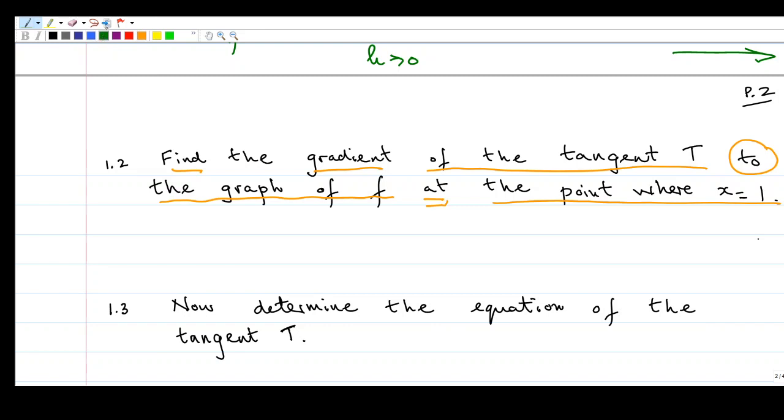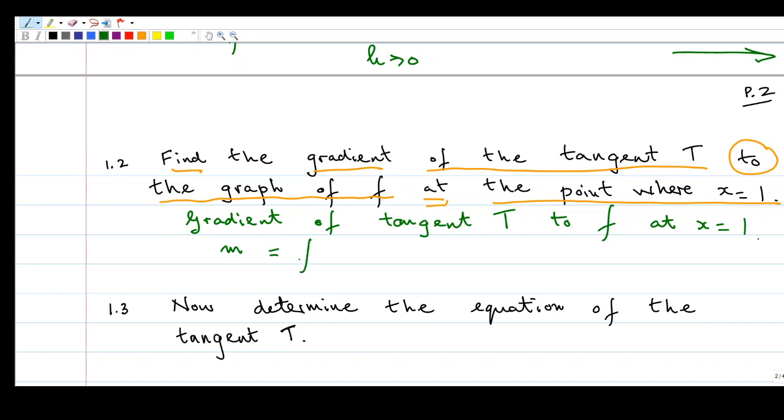Right, so what we want is the gradient of tangent capital T, the name of the tangent, to f at x is equal to 1, right? And that is given by the gradient of the tangent at x is equal to 1.